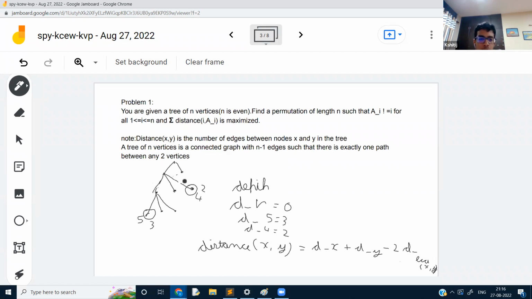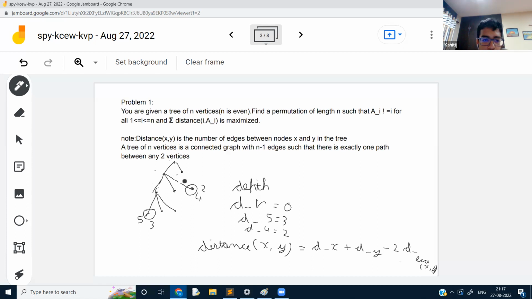Now let's define the lowest common ancestor as the deepest node in the tree, the node with the maximum depth basically, which is the ancestor of both the nodes. And a node is an ancestor of itself. Ancestor of a node is its parent or a parent of a parent and so on. Like for node 5, this node, and this node are ancestors, these 3 nodes.